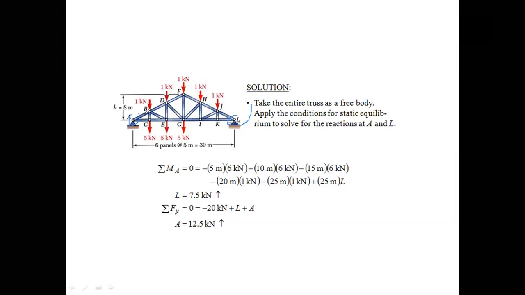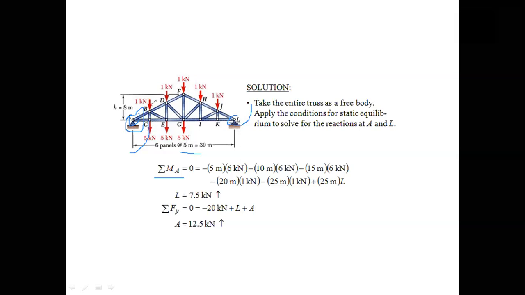So now taking moment about A, summation of moment about A is equal to 0. Now this 0 is equal to, see, the downward clockwise moments. So 5 into 6, with 5 meter each span, so 5 meter into 6 panels of 5 meters each.